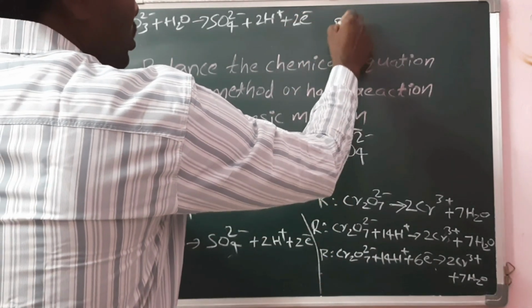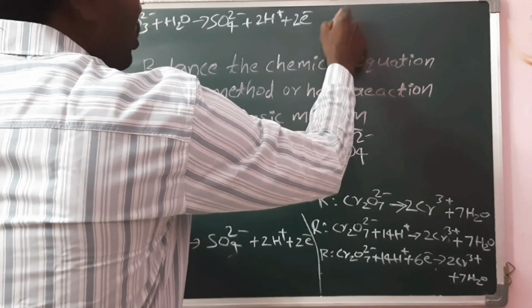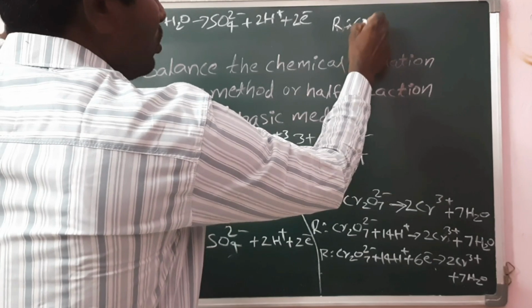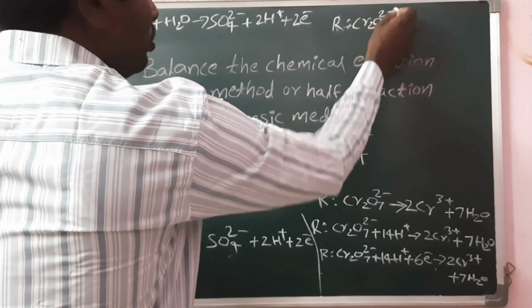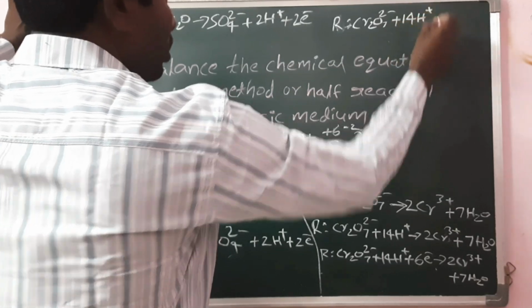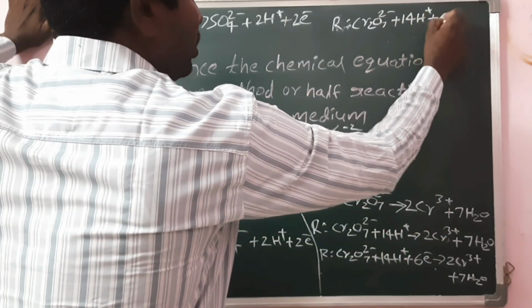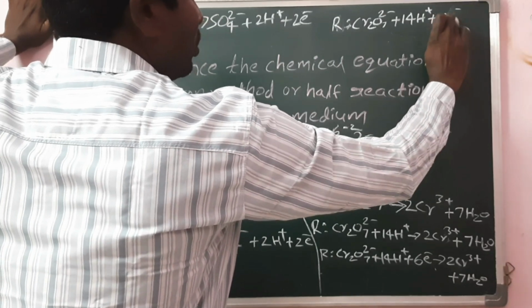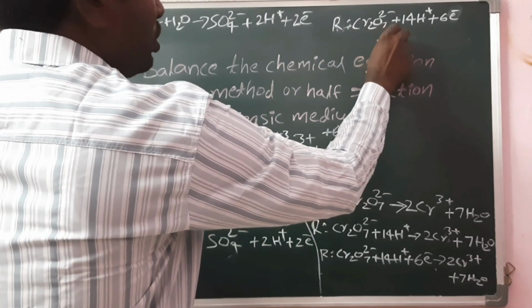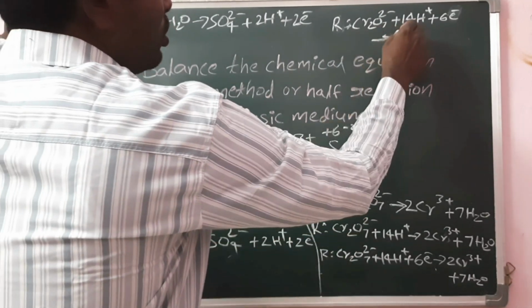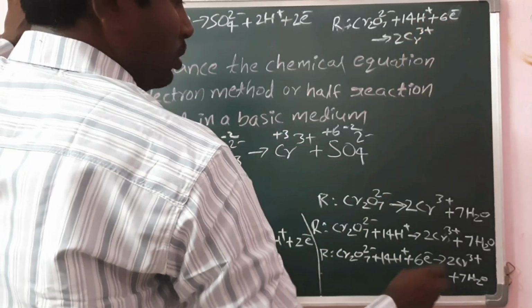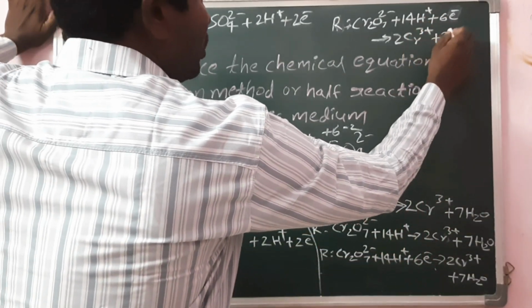Now the reduction half reaction: Cr2O7 2 minus plus 14 H plus plus 6 electrons, this gives us 2 Cr3 plus plus 7 H2O.